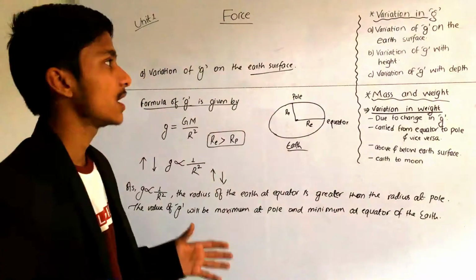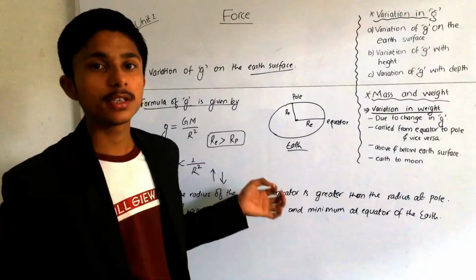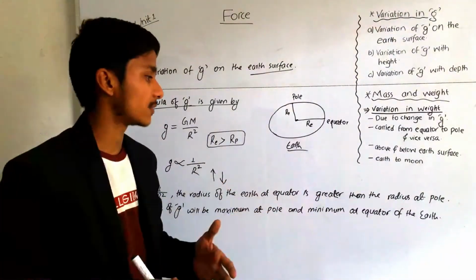We have discussed our first subtopic, that is variation of g on the earth's surface.